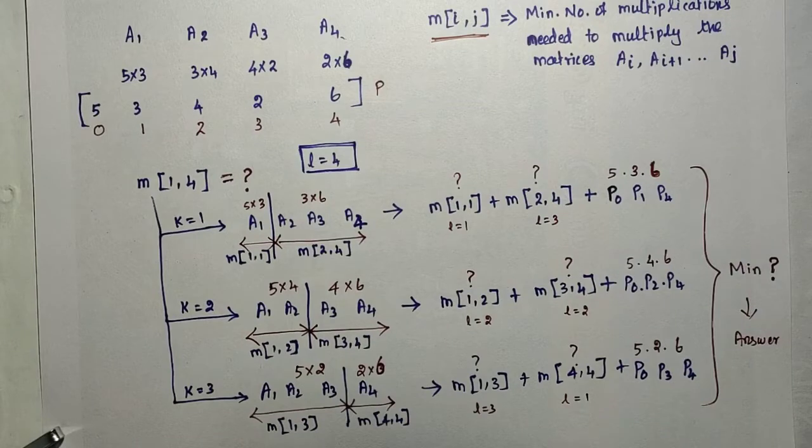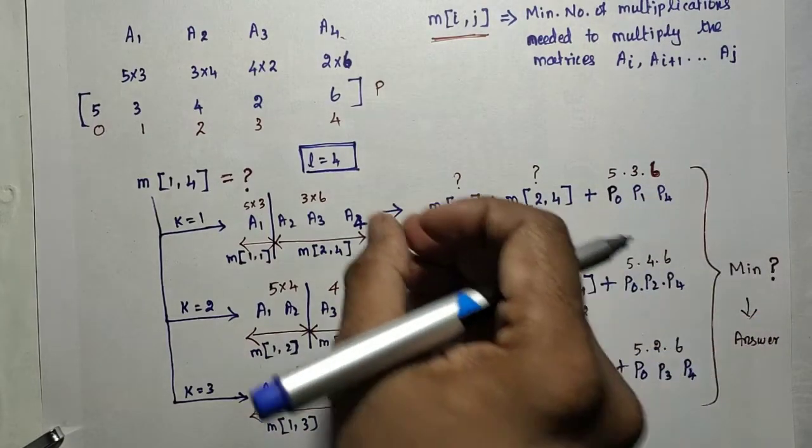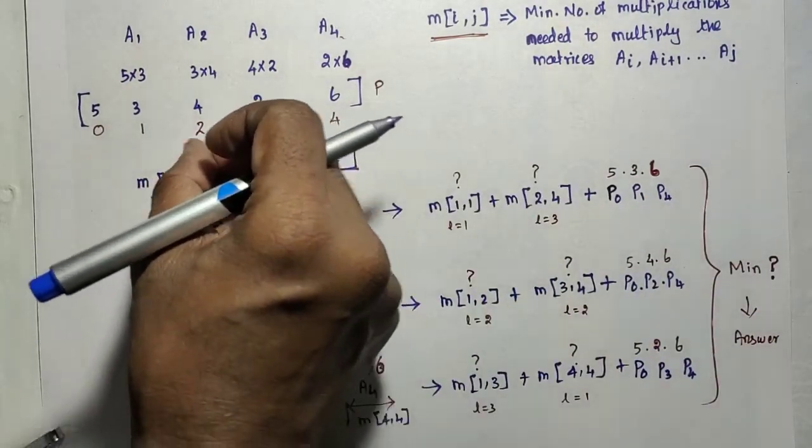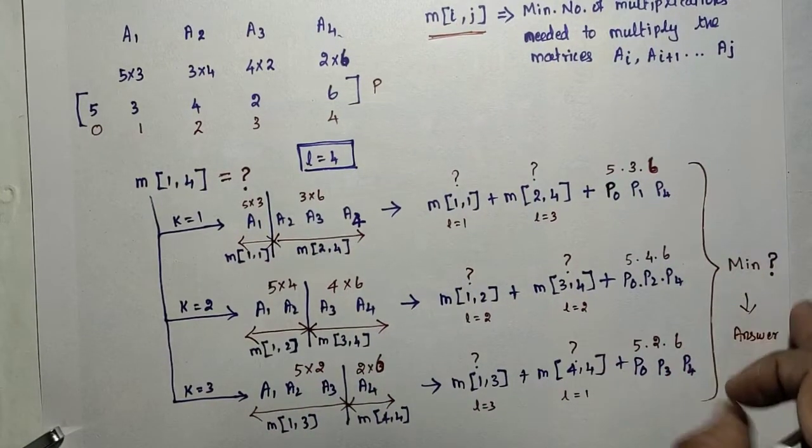In the bottom up approach, we need to find the minimum number of multiplications needed for the number of matrices equal to 1, for the number of matrices equal to 2 for these combinations, and the number of matrices equal to 3 for those combinations. So all has to be recorded, then only finally can we find m of 1 comma 4. Very clear? So from this we need to obtain the minimum, that is the procedure.